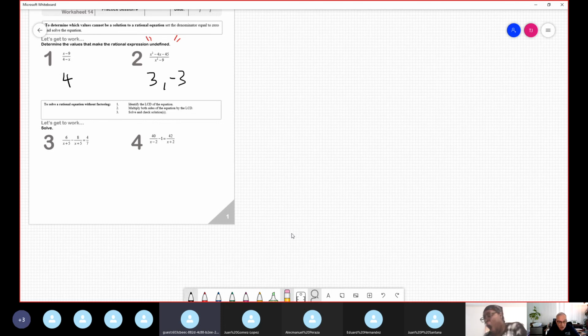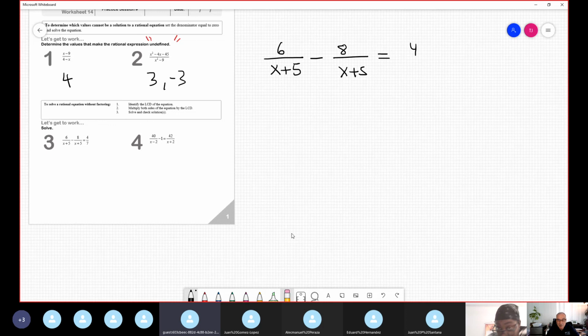How do you know it's an equation? Well, it's an equation because we have an equal sign. Look at the instruction: identify the least common denominator of the equation, multiply both sides of the equation by the least common denominator, solve and check the solution. Exactly the same procedure.